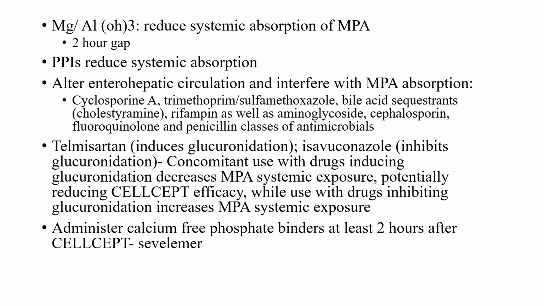So drugs which induce glucuronidation, like telmisartan, decrease the systemic absorption of MPA, and those which inhibit glucuronidation increase the systemic effect, like isavuconazole. So telmisartan along with the Cellcept should be avoided because it will reduce the systemic absorption. While we should be careful with giving isavuconazole along with the Cellcept.